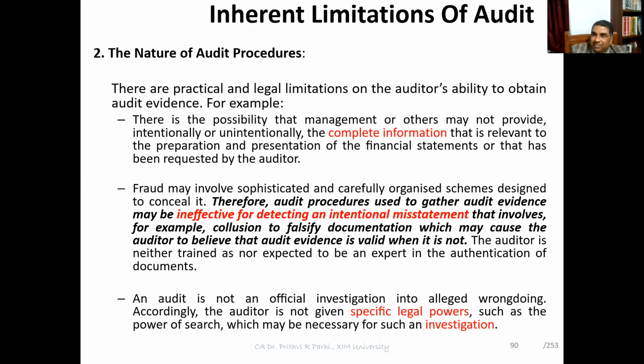The second ground of inherent limitations of audit is the nature of audit procedures. The auditor applies certain audit procedures to ensure that the financial statements are actually showing a true and fair view, but there are issues in it. First of all, there is a possibility that management may not provide the complete information which is relevant for preparation of the financial statements.